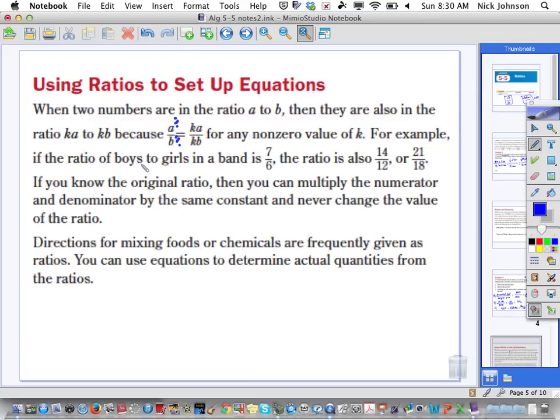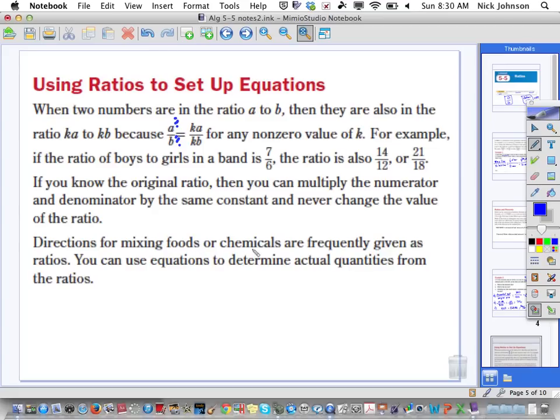For example, the ratio of boys to girls in a band is 7:6. The ratio is also 14/12. All they did was multiply by 2. And 21/18. All they did was multiply by 3. If you know the original ratio, then you can multiply the numerator and denominator by the same constant and never change the value of a ratio.